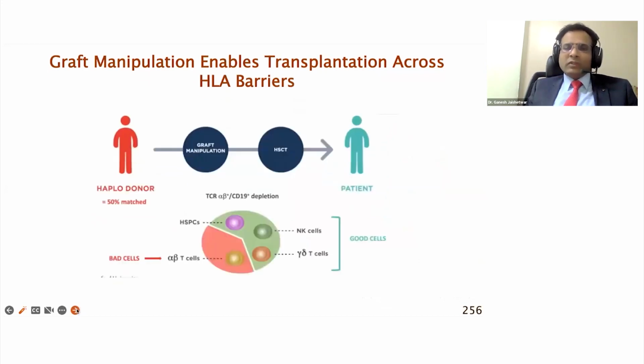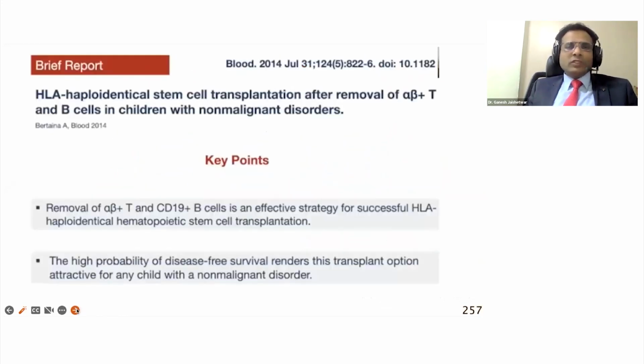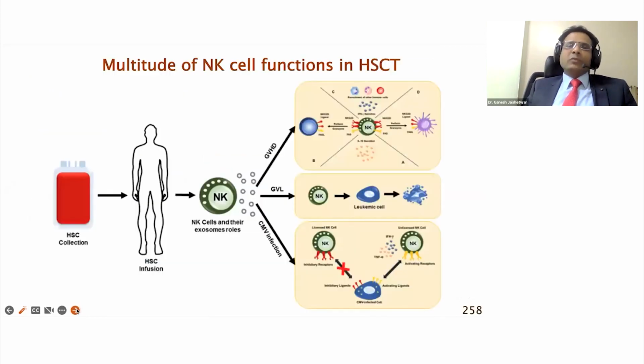So the outcomes are very, very rewarding. This was the 2014 paper by Alice Bertaina. Removal of these TCR alpha beta and CD19 B cells is an effective strategy for haploidentical stem cell transplant, with very promising results.